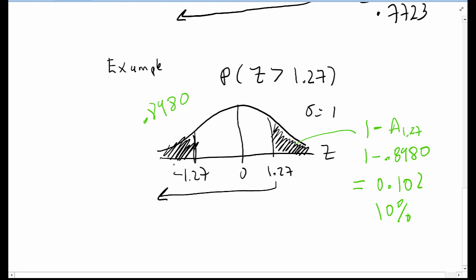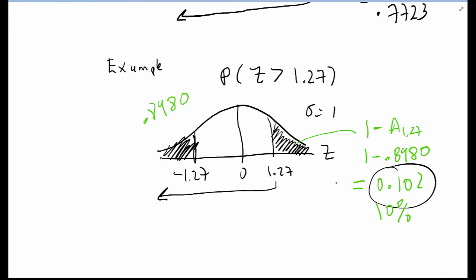These two tails have the same area. So one way of doing this problem is to go to the negative table and read the value at negative 1.27. That area is always positive, and that should give me this number directly instead of using the complement. This is called using the symmetry.